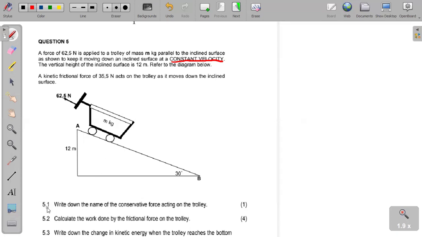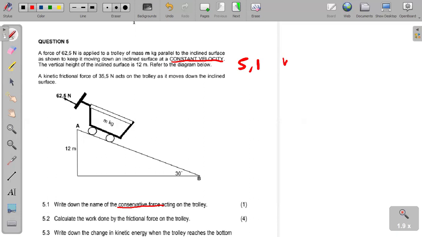The first question is saying, write down the name of the conservative force that is acting on the trolley. Let's first define what a conservative force is. A conservative force is a force which, when it does work, the work is independent of the path taken by the object.